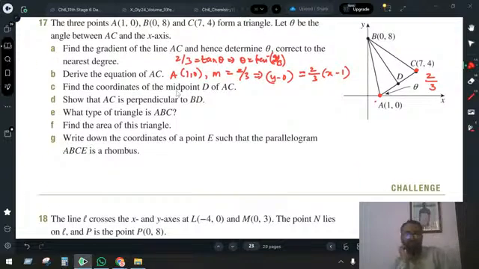Next, the midpoint of AC as D. So you have to get the midpoint formula. What is the formula of midpoint?